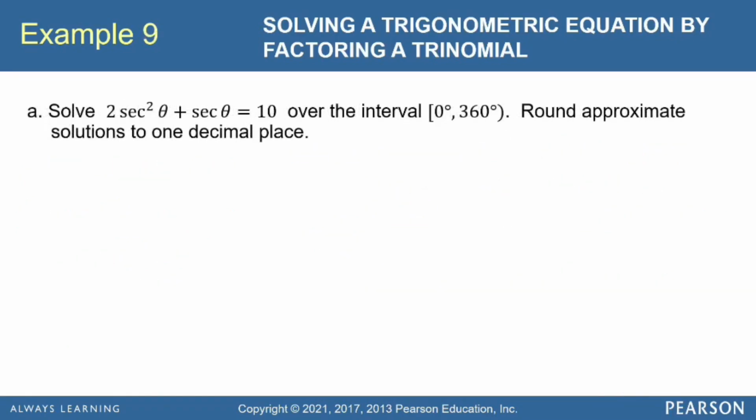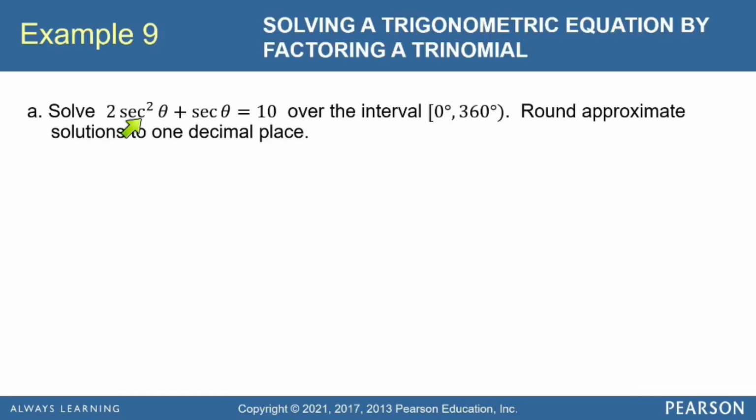Now here in example 9, I want us to get just a little more practice factoring because I find that's a little bit of a hang-up for a lot of students. So this one says solve 2 secant squared theta plus secant theta equals 10 over the interval from 0 degrees to 360 degrees, round approximate solutions to 1 decimal place.